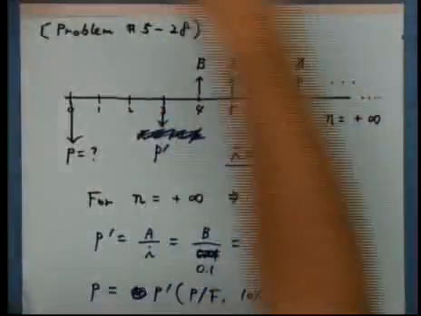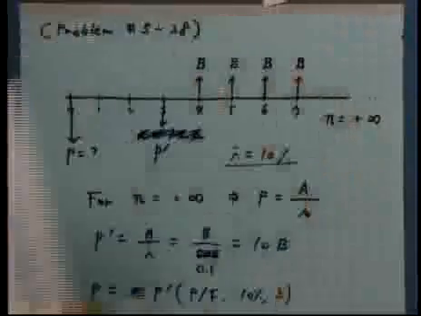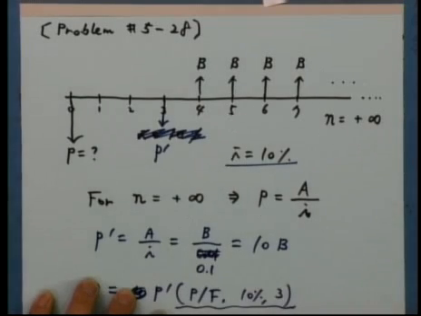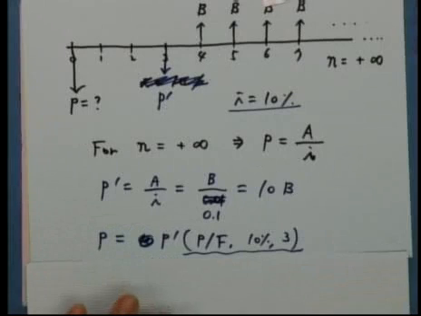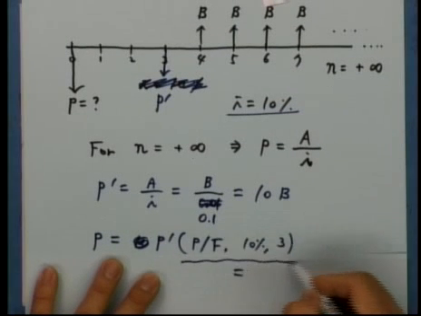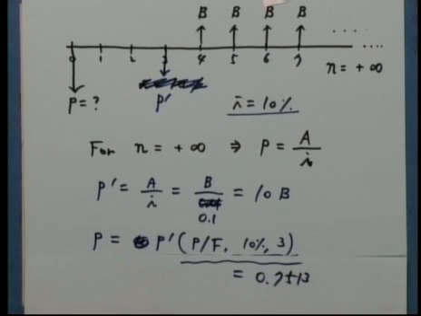And this factor value can be found from our text, page number 613. P given F over 3 periods is 0.7513. This factor value is 0.7513. Okay.